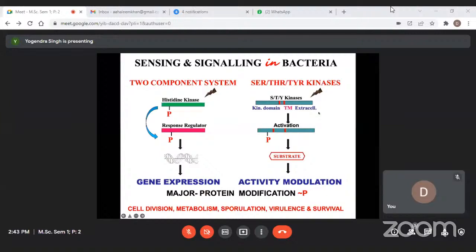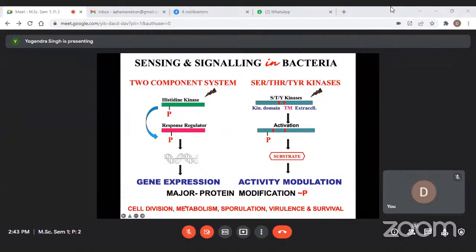All our metabolic pathways are regulated by serine, threonine, tyrosine kinases. And once, for example, some enzyme is phosphorylated, then the activity of that enzyme may change. Either it becomes high or becomes less, so you can say that serine, threonine, tyrosine kinases are able to modulate the activity of the protein.